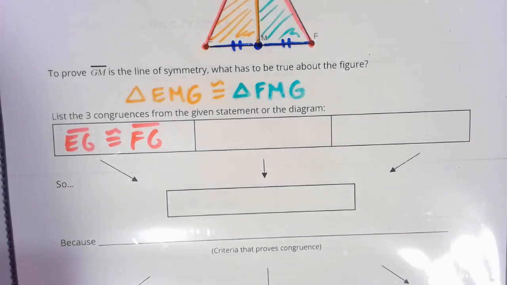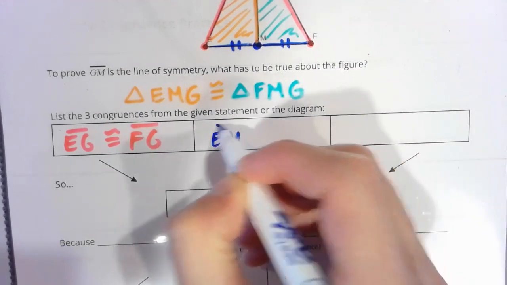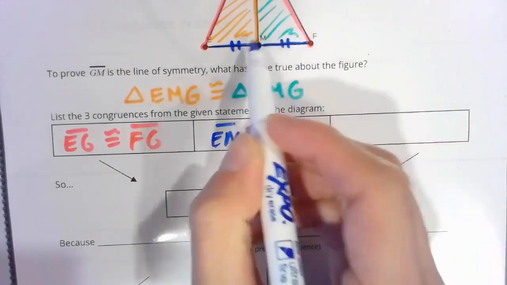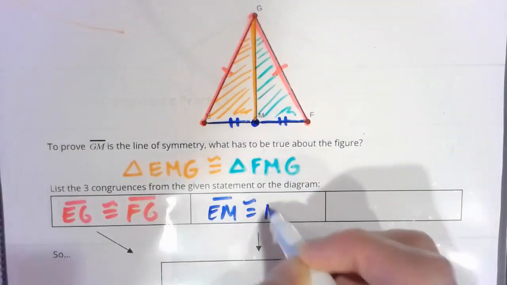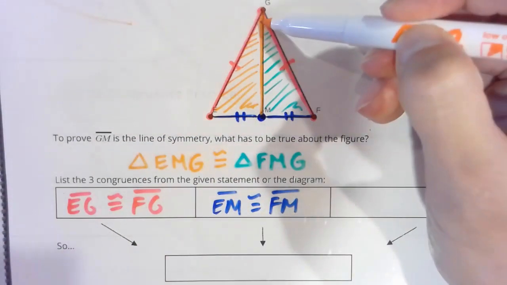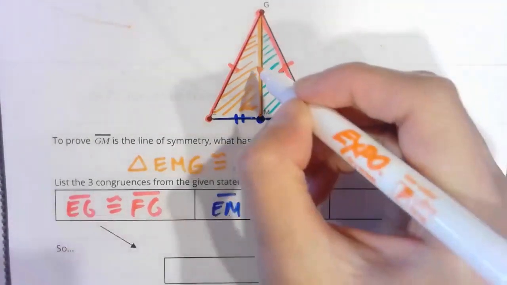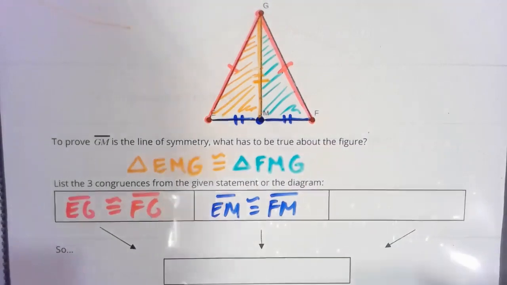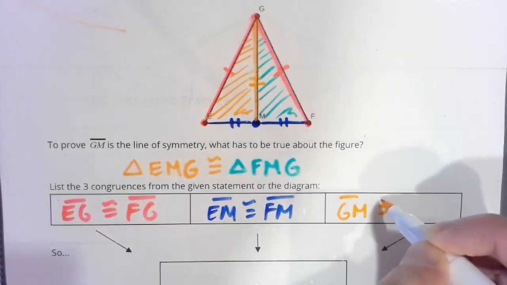I know that side EM is congruent to this other side up here. So EM is congruent to FM. And then the third side that I have is this shared side between the two triangles. That one right there. So I can say that GM is congruent to itself.